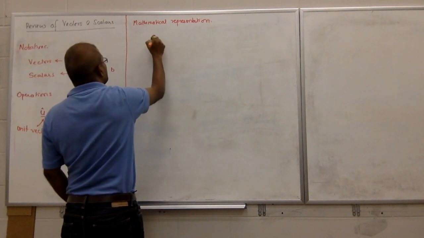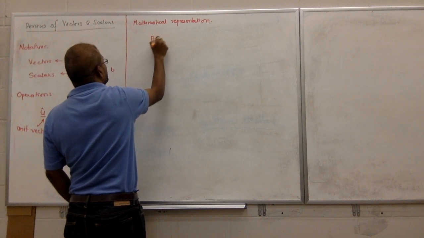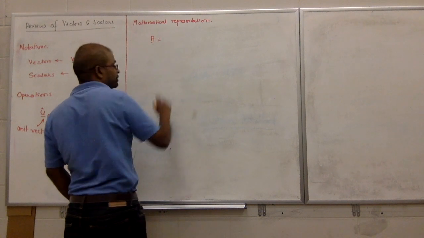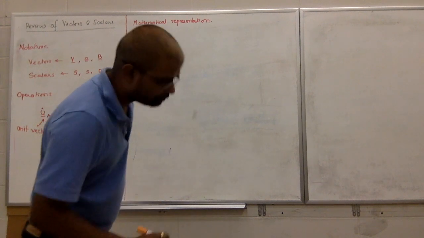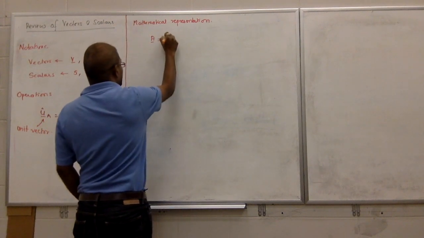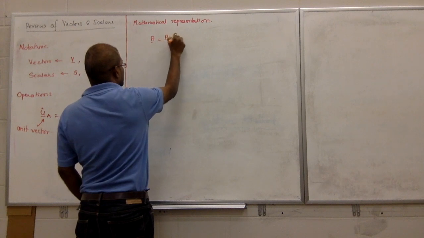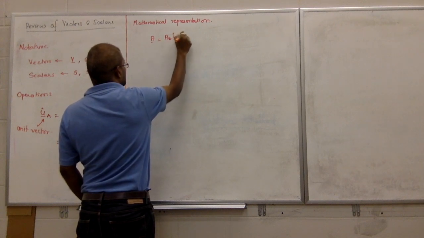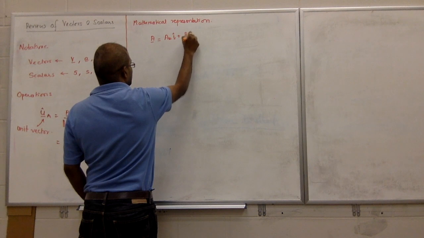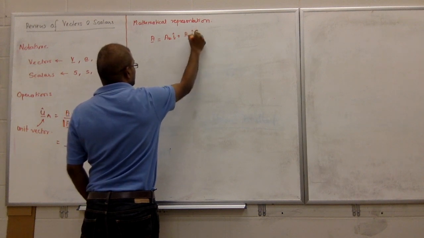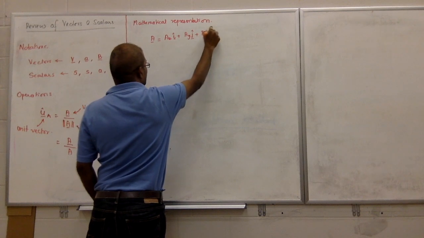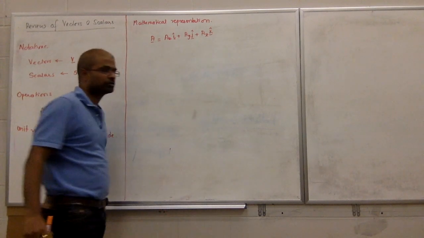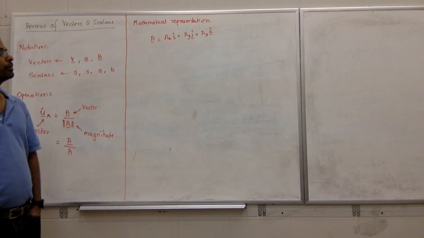If you have a vector A, we'll use this: A_x i plus A_y j plus A_z k. Okay?